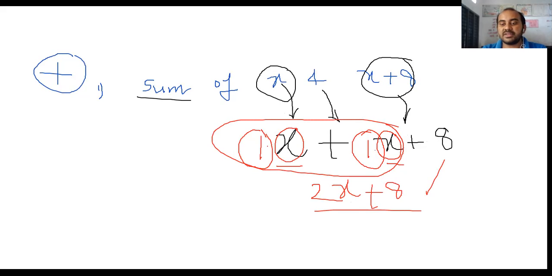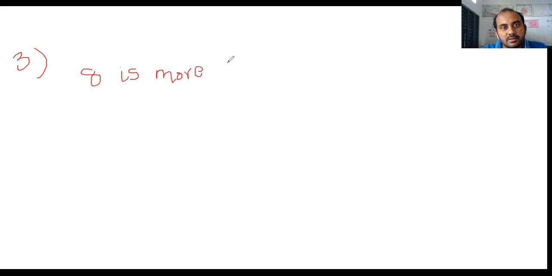Now see the next question. These questions are very important. Some statements are there. Third statement: 8 is more than x.